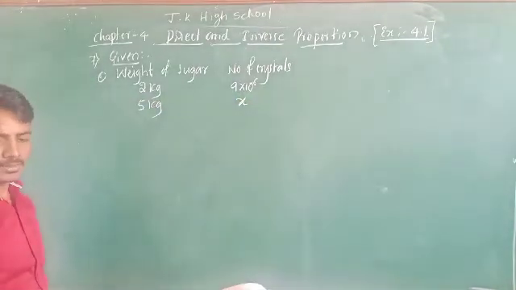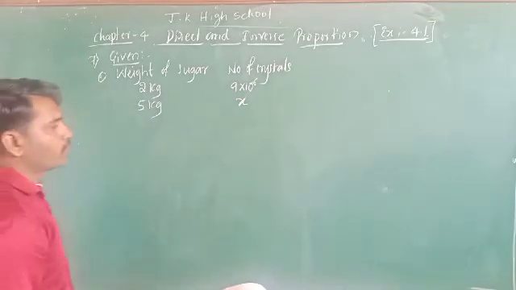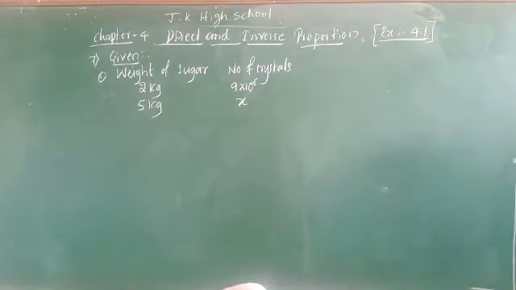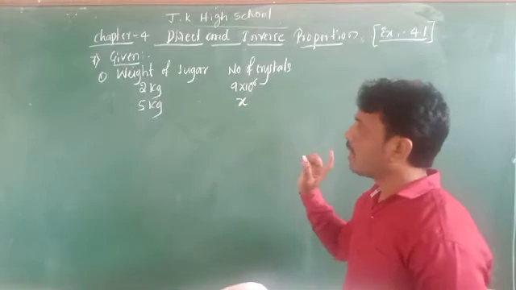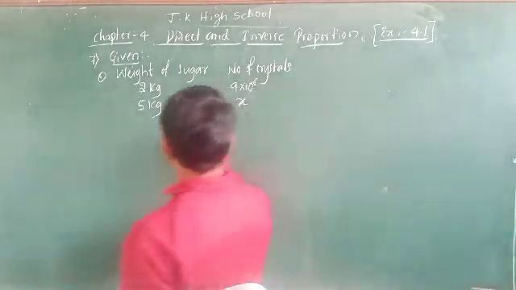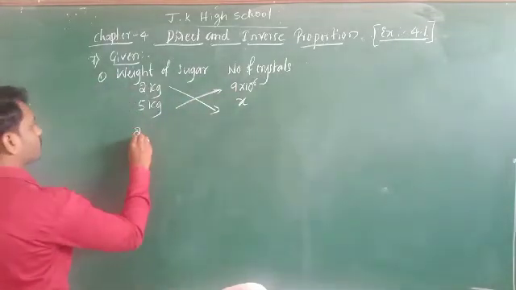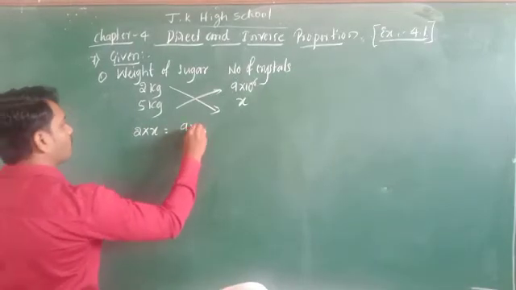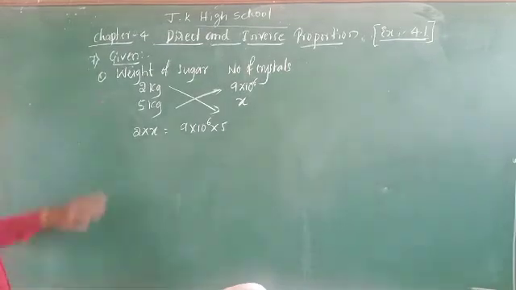These are direct proportion. 2 kg of sugar contains 9 into 10 to the power 6 crystals, which means if 5 kg of sugar is there, how many crystals are there? Just do the cross multiplication. 2 into x is equal to 9 into 10 to the power 6 into 5.